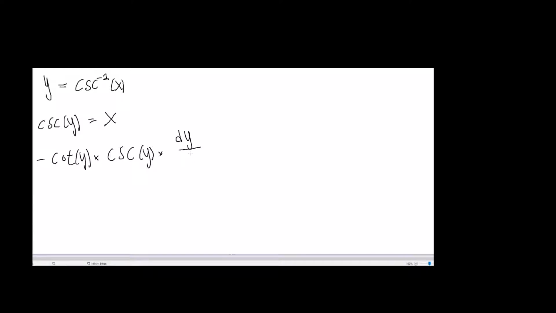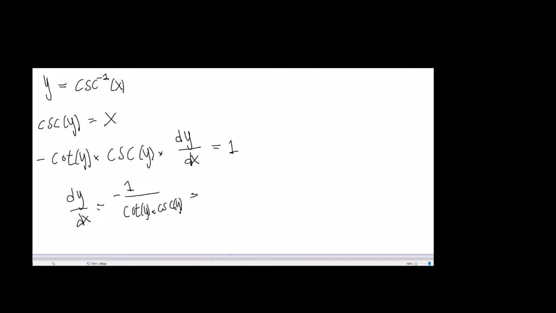So the inside is dy dx, and all of this is equivalent to 1. So now let's divide negative cotangent of y multiplied by cosecant of y on both sides, and this is equal to negative 1 over cotangent of y multiplied by cosecant of y.